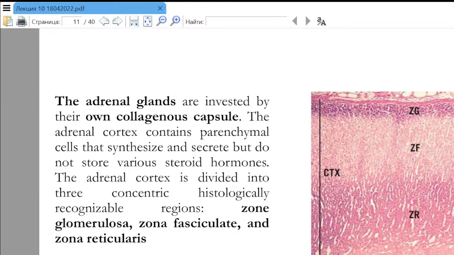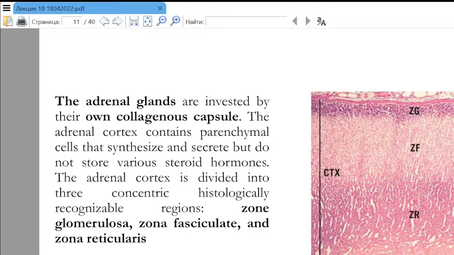The adrenal cortex is divided into three concentric histologically recognizable regions: zona glomerulosa, zona fasciculata, and zona reticularis. Three zones, then the capsule.